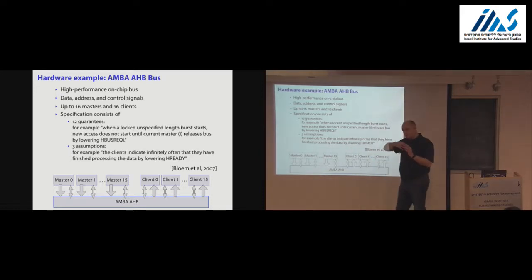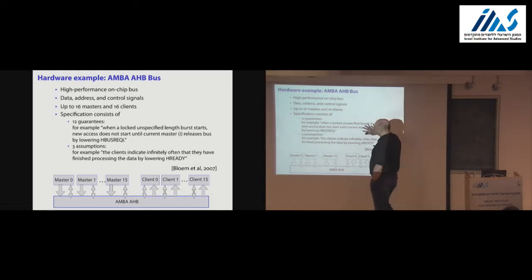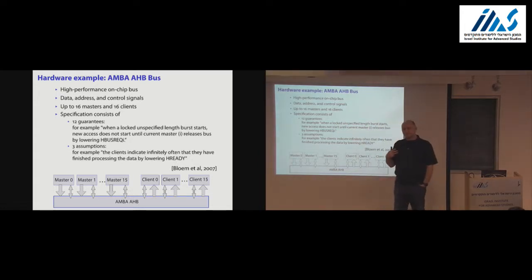So you can have one master transferring data, and in parallel some other master setting up the address it wants to send to, and yet another one just sending in a request for the bus, right? So the way this is done is that there's a list of guarantees specified in LTL that are taken from the protocol standard.